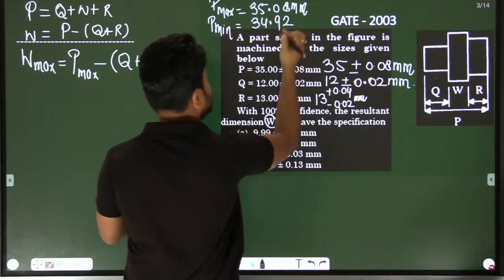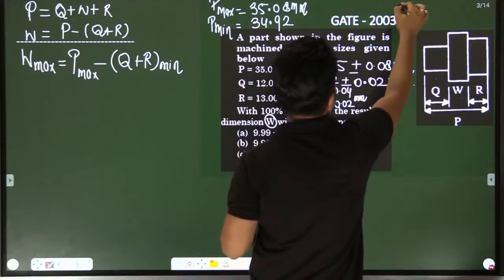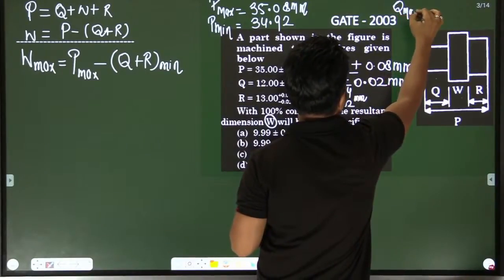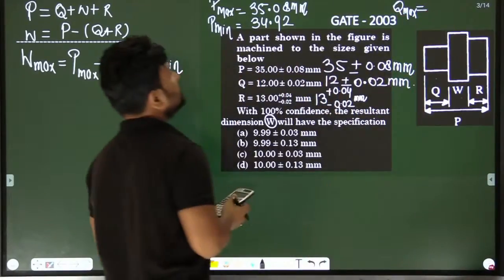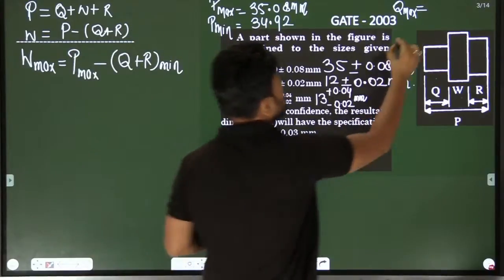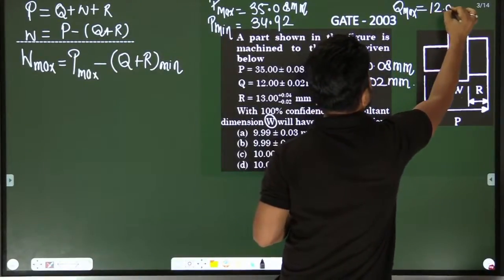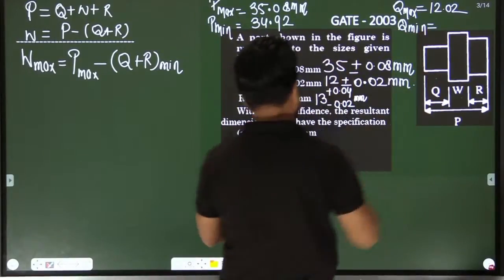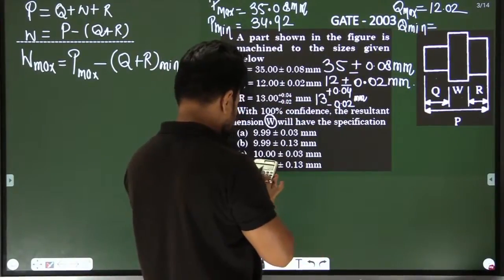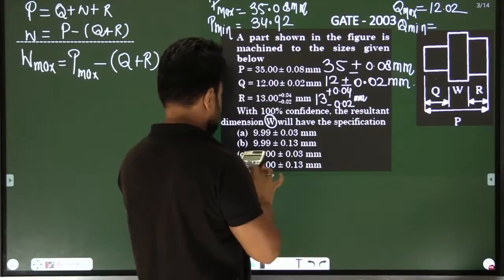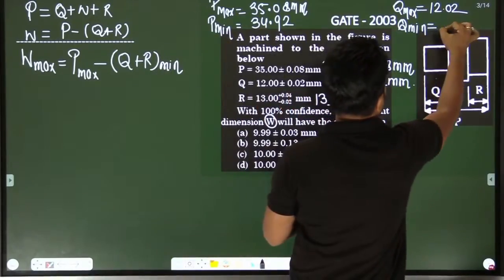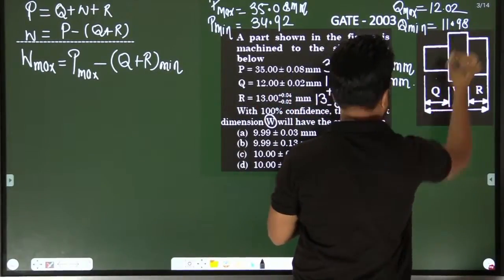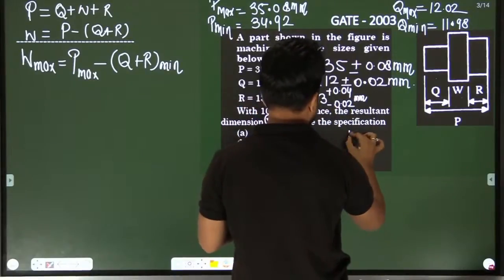In the same manner, what is Q max? Q max is 12.02. What is Q min? 12 minus 0.02, it will become 11.98. Now, what is R max?